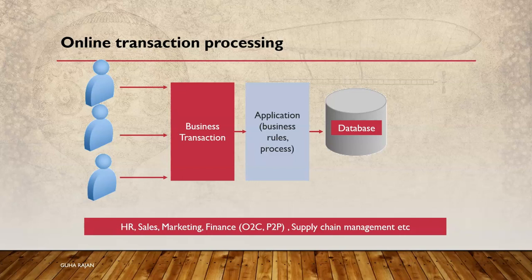When you order something and then cash comes in from the customer, it is referred to the accounts receivable side, called O2C, and procure to pay on the vendor side is called P2P. So these are the respective modules where the transaction happens, and through the business rules, all this gets recorded in the database as far as OLTP is concerned.